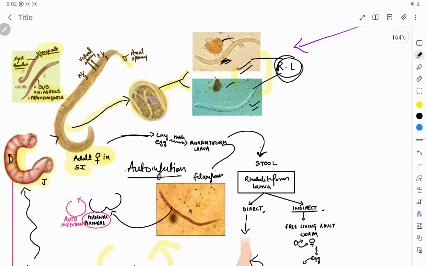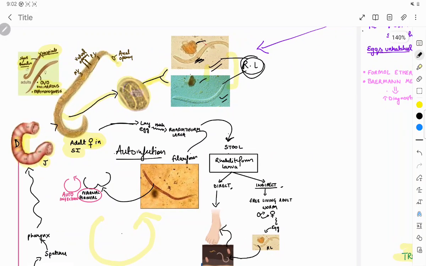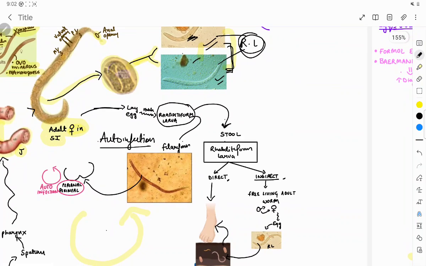So next, we now have the rhabditiform larva in the stool, and this rhabditiform larva has two fates, and this is important again. The rhabditiform larva that passes in the stool has two types of transmission, either a direct development or an indirect development.